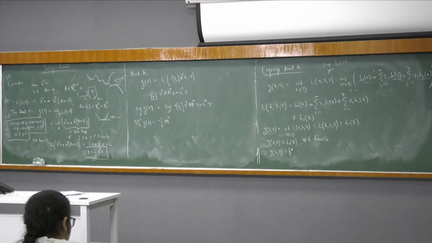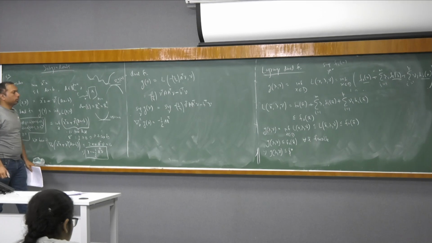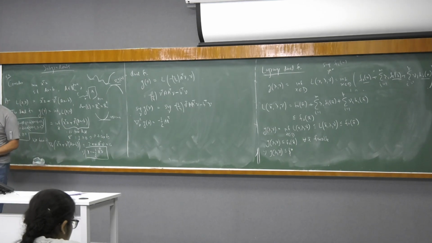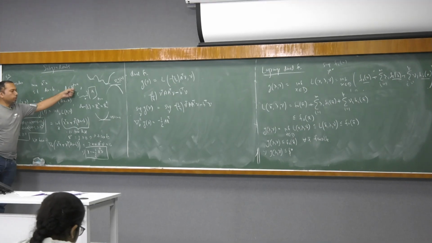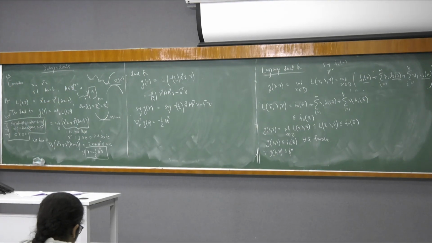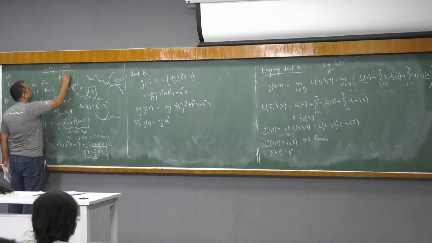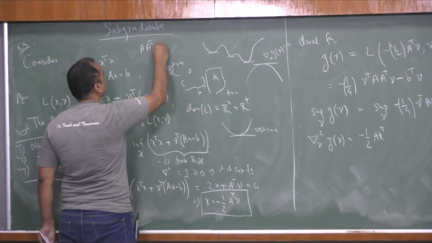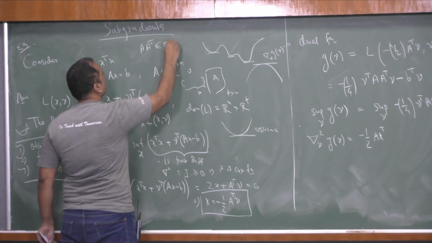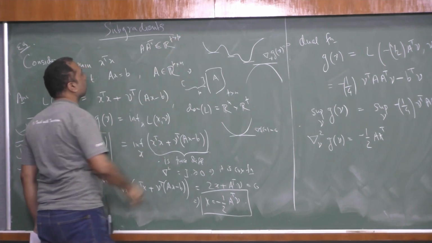So is A transpose A positive definite, negative definite? What can we say, right? Because nothing is given for A, right? A is just p by n. So A transpose A, if I do, then I get a matrix which is n by n, right?